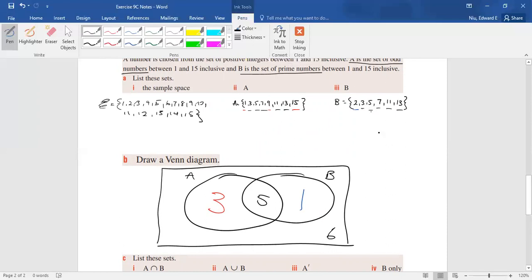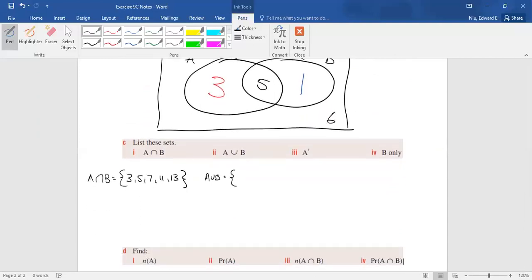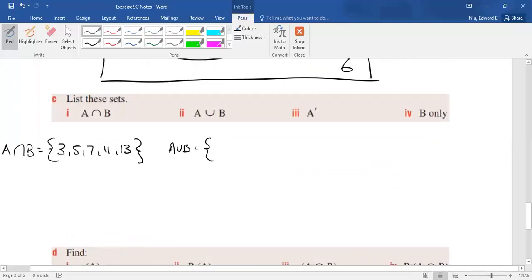All right, so let's write all that down and see if we have 9 numbers. That's 1, 2, 3, 4, 5, 6, 7, 8.